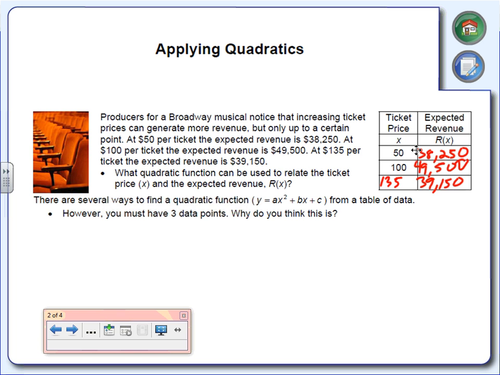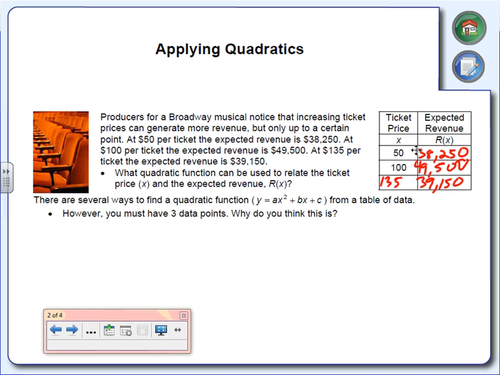So here's what we're going to be doing today. It says there's several ways to come up with a quadratic in the form y equals ax squared plus bx plus c. We can do that using those 3 points or data that they've given us. Now, first thing you notice here, it says, however, you must have 3 data points. Why do you think this is? In other words, in order to come up with a quadratic, you got to have at least 3 points.